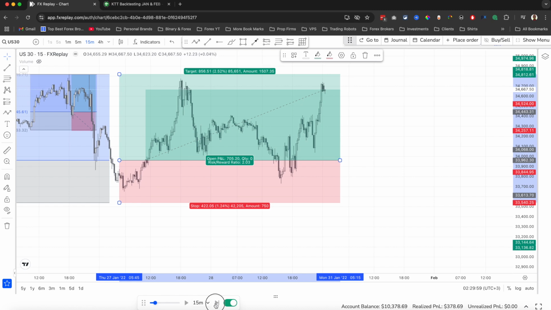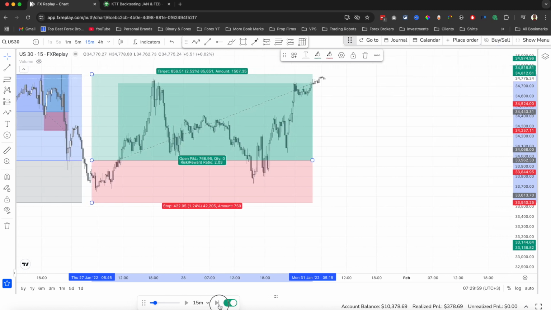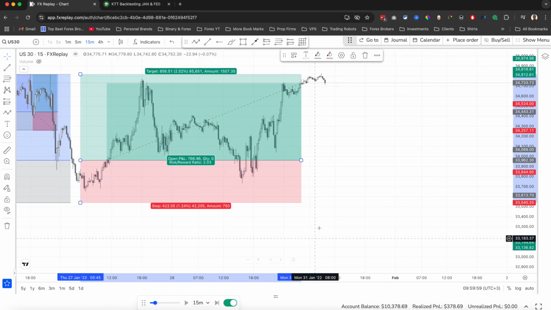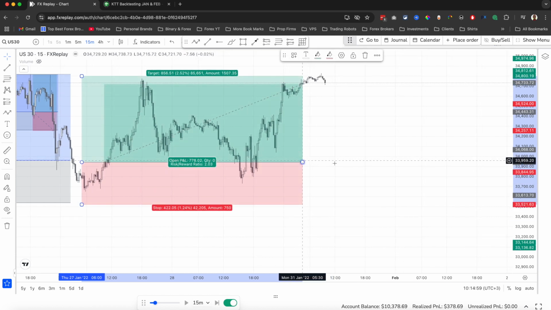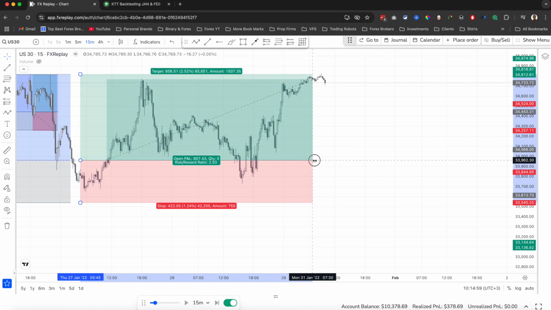You don't remove your trade, right? You just go with it. It's okay. The price is now, we are in, right?